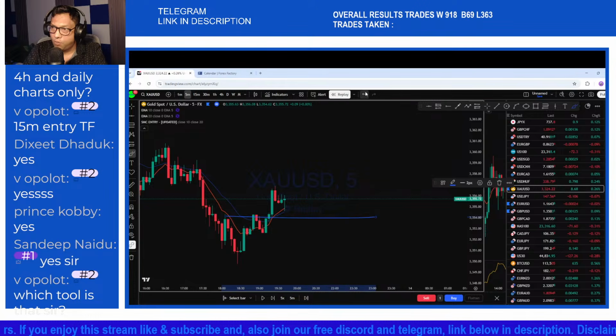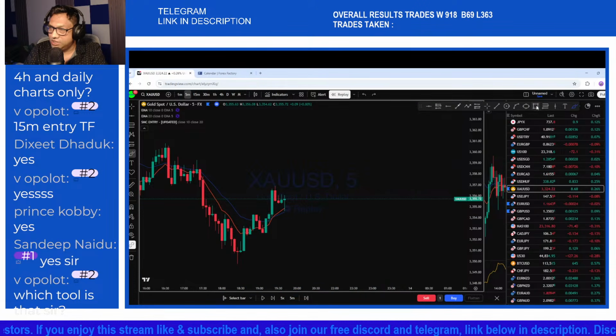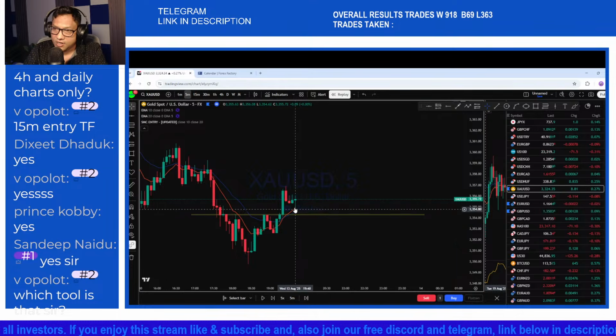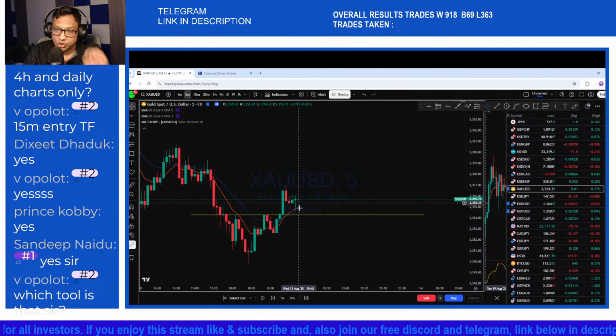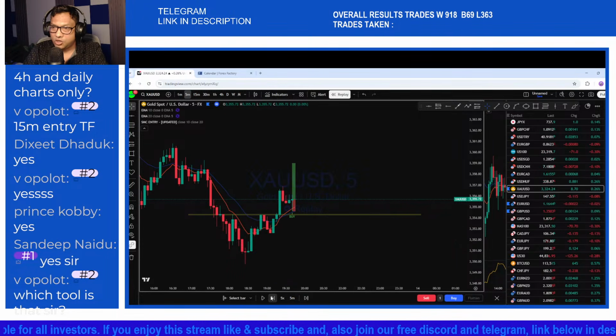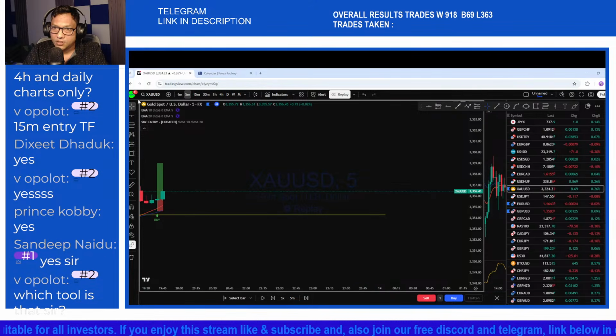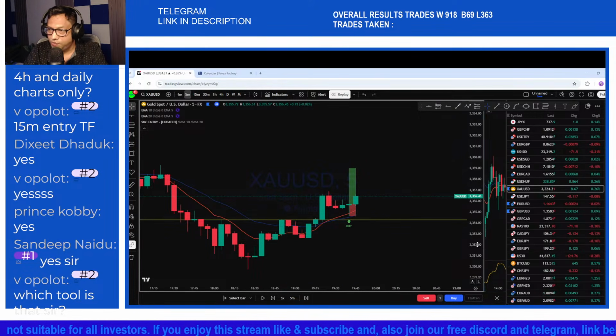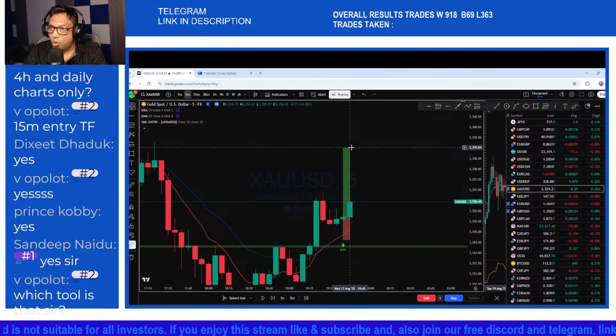This is an order block. In fact, you can see this is a complete order block, and from that order block there is a bounce. As soon as the candle printed, the tool shows you the potential entry, the stop loss below this candle, and 3-to-1 reward to risk.